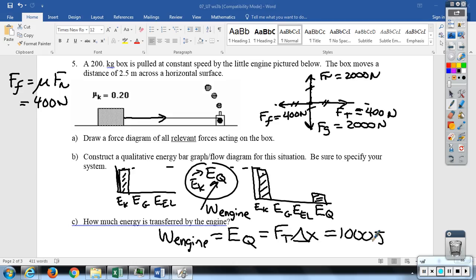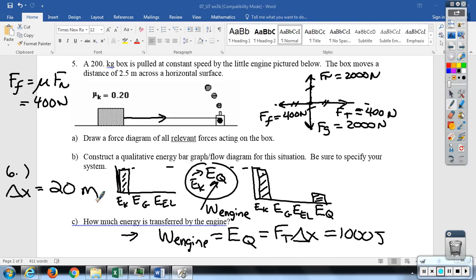In number 6, it asks how far could the box in problem 5 be pulled at constant speed with an expenditure of 8,000 joules of energy. So we take the same formula here, and we assume that EQ is 8,000 joules, and if we divide it by 400 newtons, which is the tension, we'll get that for number 6, delta x equals 20 meters.